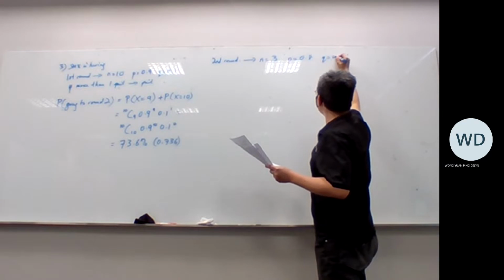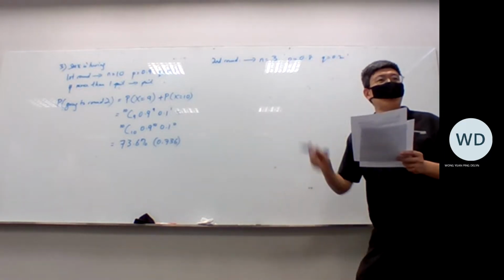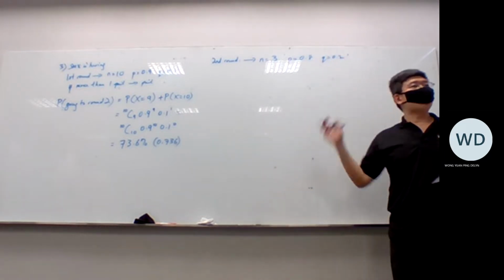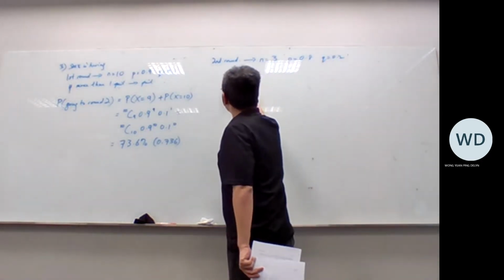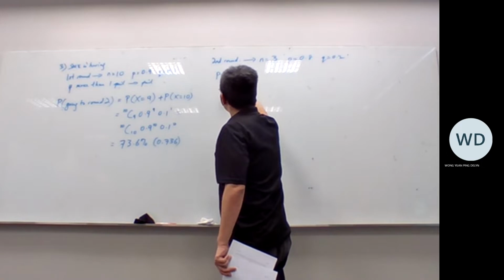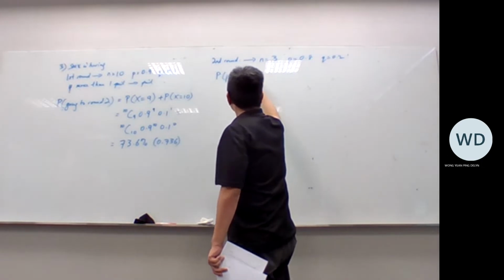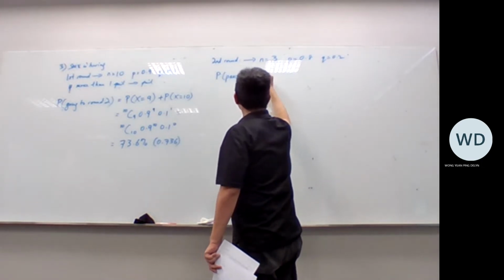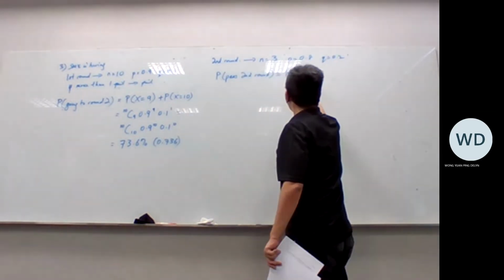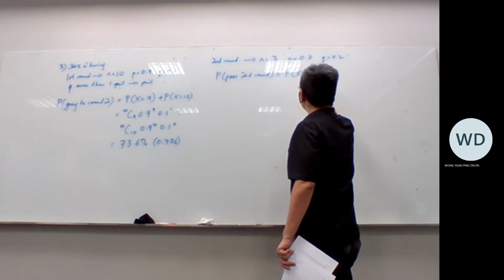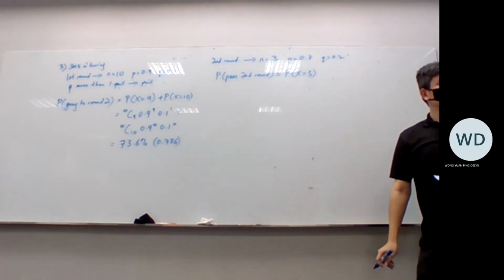Probability of failure is 20%. But for the second round, you need all 3 to pass you. So to pass your second round of interview is equivalent to all 3 having to pass you.